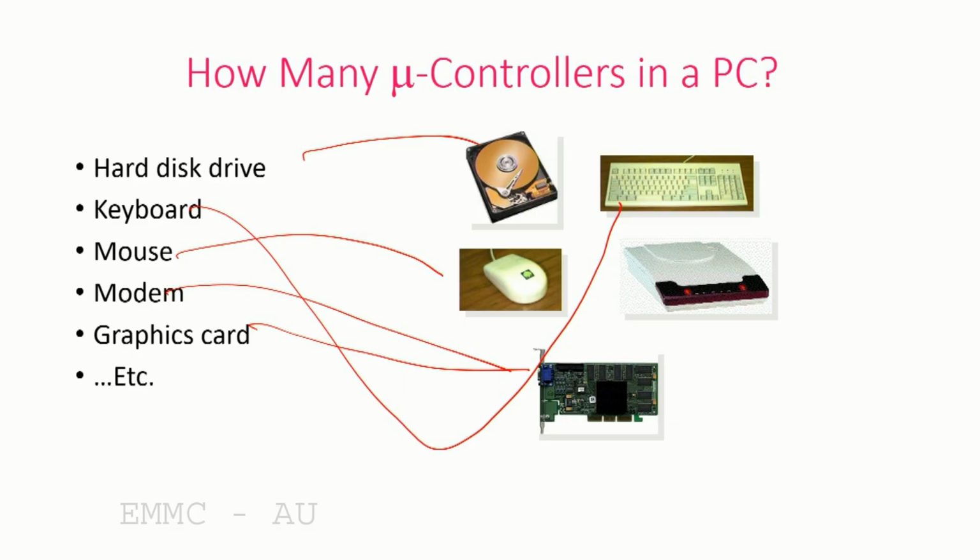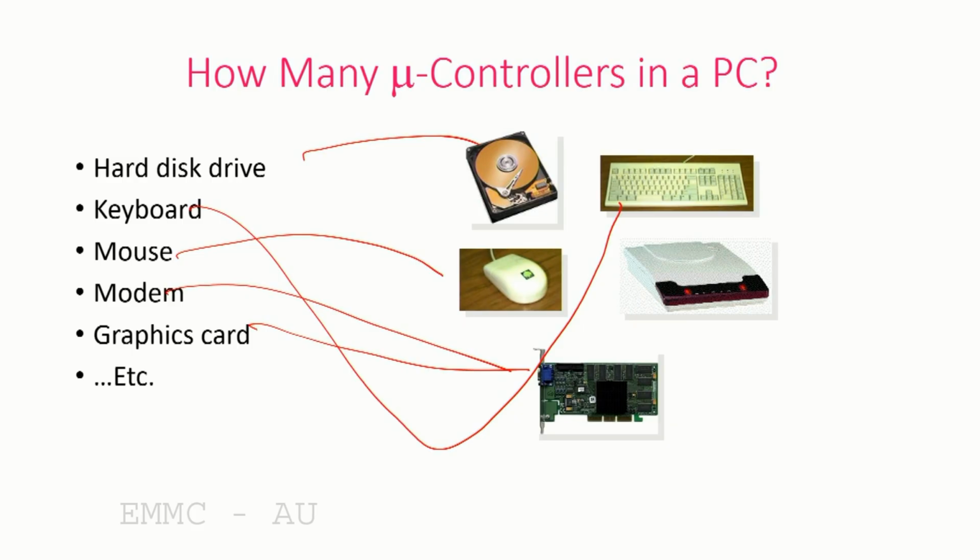If you take the mouse, what happens? Its job is to get the position data and give a signal to the processor. If you take the hard disk drive, from where we take the data and where we write the data, in which track, for which sector, those locations are decided by a small microcontroller which sits inside the hard disk, or in the keyboard, mouse or modem.